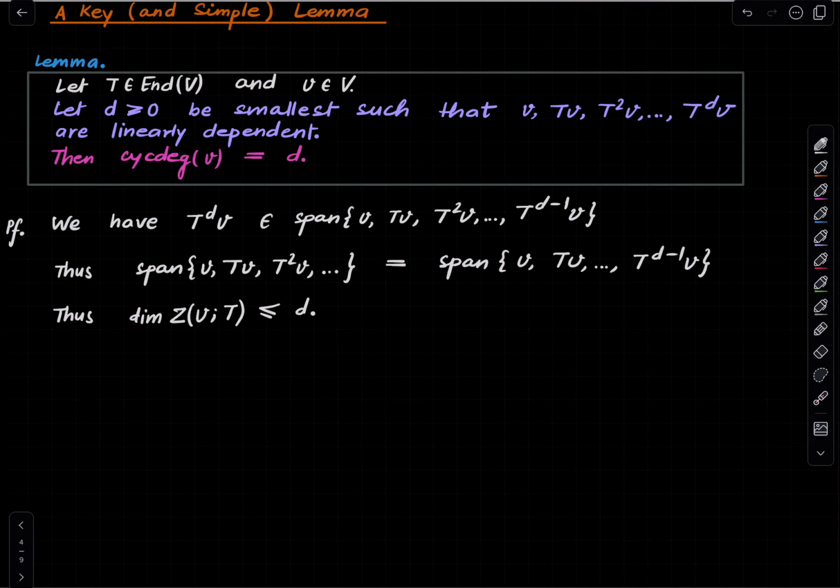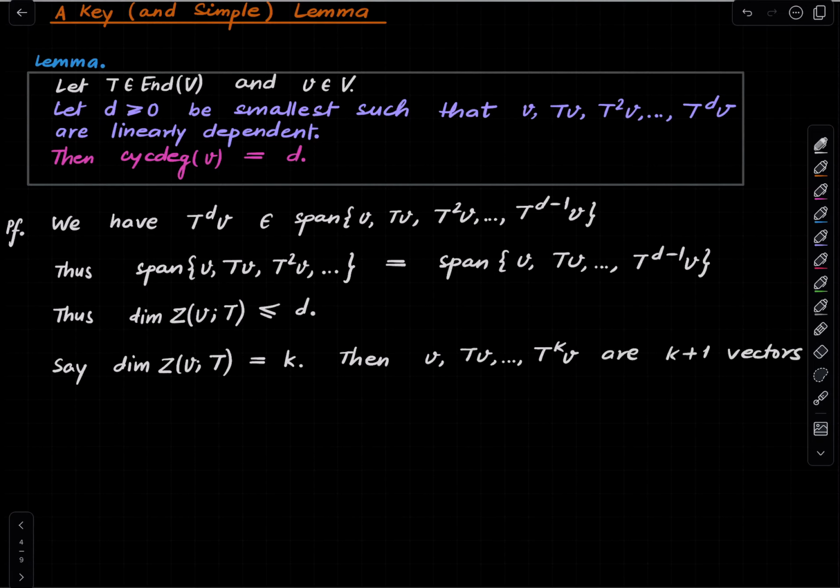Okay, but now let's say that the dimension of this thing be equal to k. In other words, the cyclic degree of V be equal to k. Then these k plus 1 vectors are in a k-dimensional space. Why is that?